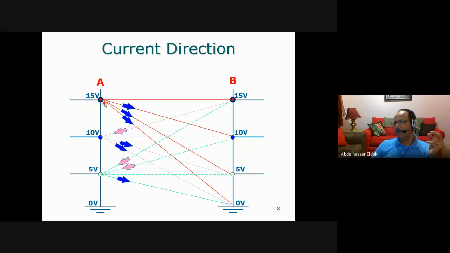If the element is here, for example, this is 15, this is 0, then there's a 15 volt difference, and the current will move from the high to the low. If the element is on this dotted green line, for example, then this side is 15, this side is 5. The difference is 10 volts. Then the current will move from the 15 to the 5 volt.